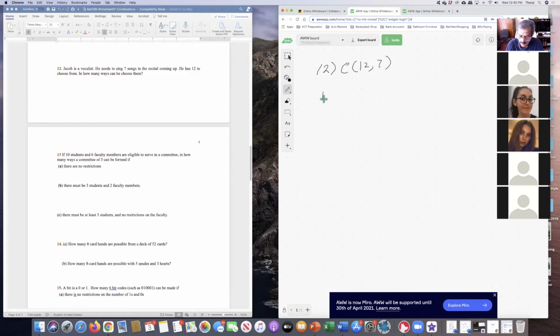Before doing 13, I'm going to do a slightly different problem. I think we did that before, but I want to remind you of that. So if I say there are 5 math books and 4 computer books, and I need to arrange 3 math books followed by 2 computer books, then because I only have 5 spaces available on the shelf, 3 math books and then 2 computer books.